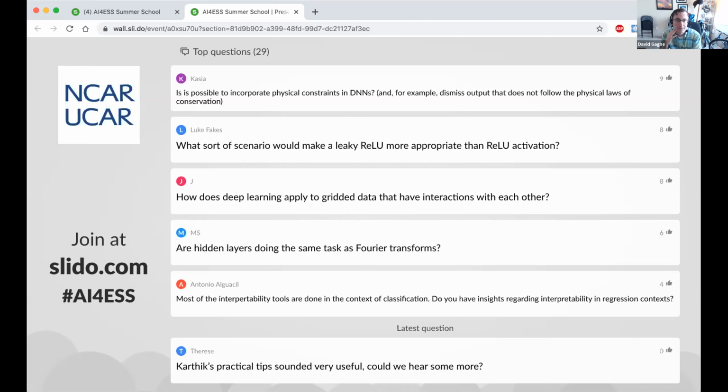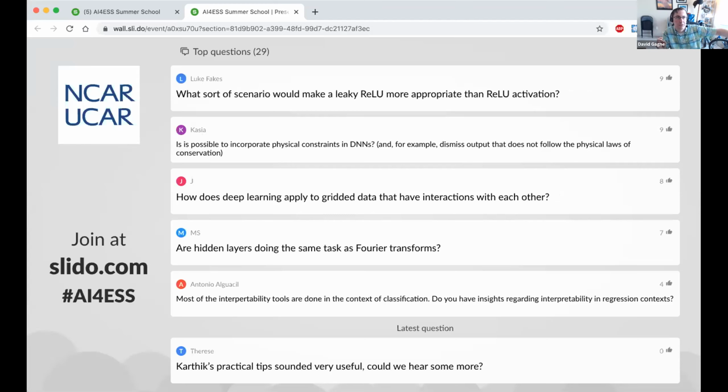Yeah, based off of my experience, the leaky ReLU is helpful if you're having trouble back propagating information through your network. There are instances where using a regular ReLU, because it sets everything to 0, sometimes you can get a lot of what we call dead neurons, where basically all the weights become 0 and they never activate or do anything. So if your model isn't performing very well, switching out ReLU with leaky ReLU can be helpful in those situations.